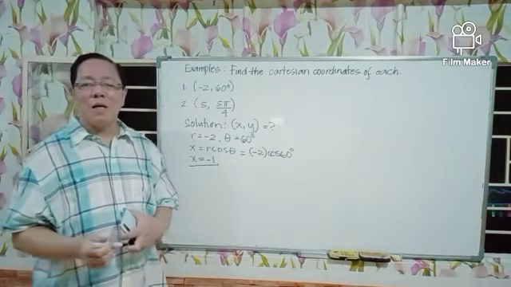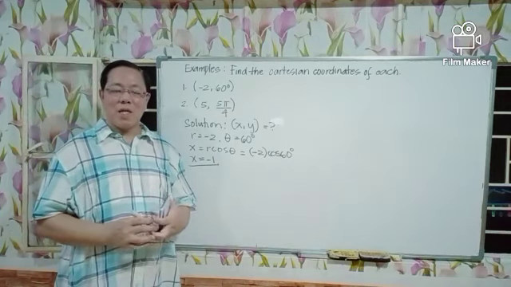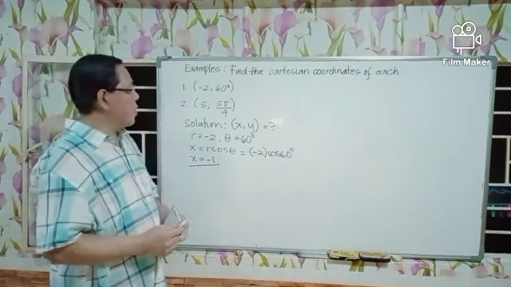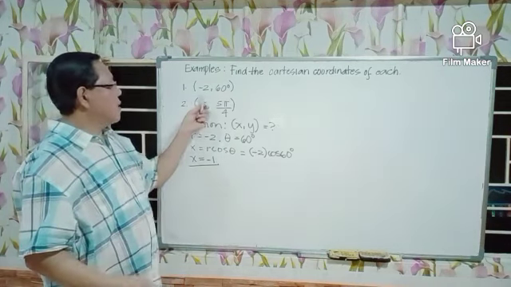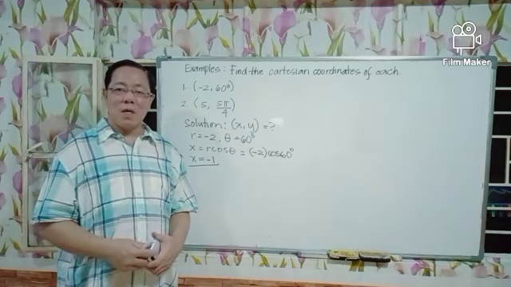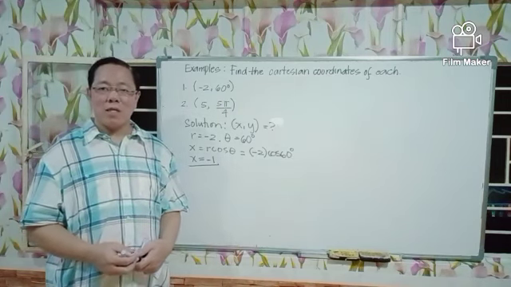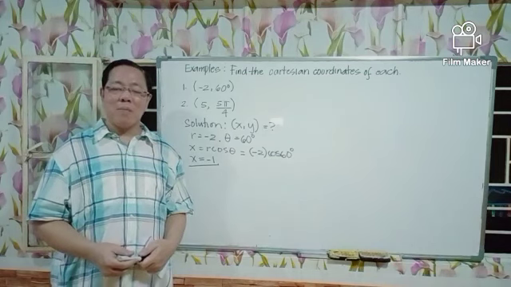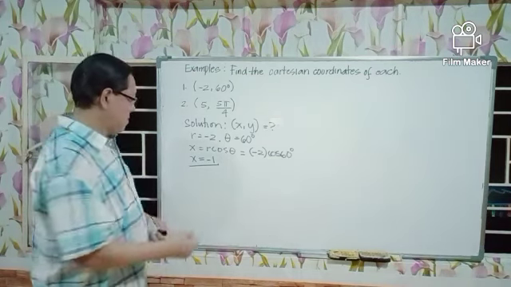Next, you find the y coordinate or ordinate of the point with the given polar coordinates using the formula we derived earlier from the sine function of acute angle theta, y is equal to r multiplied by sine theta.